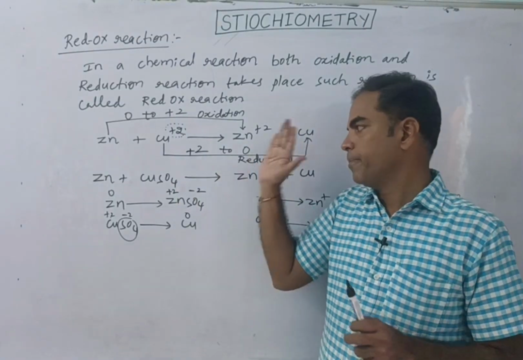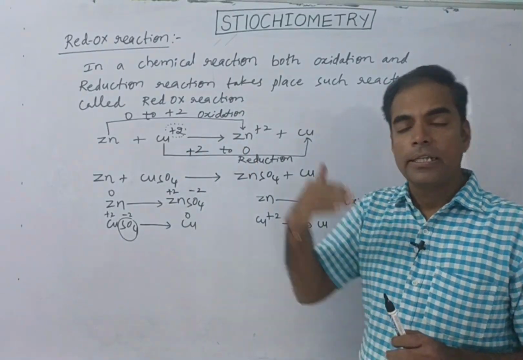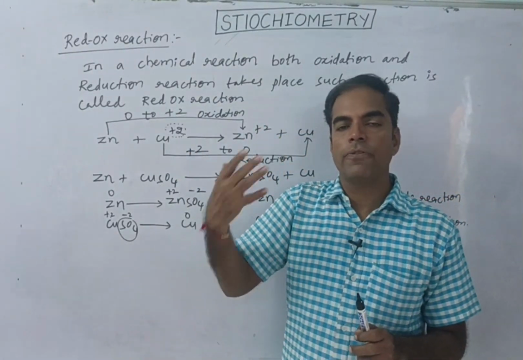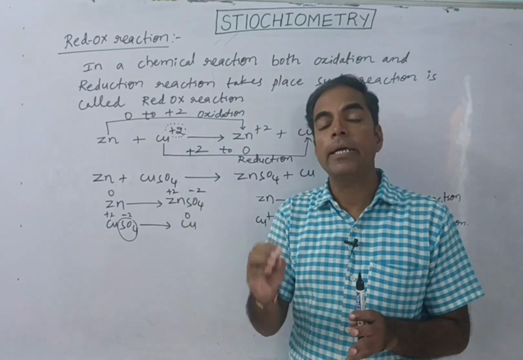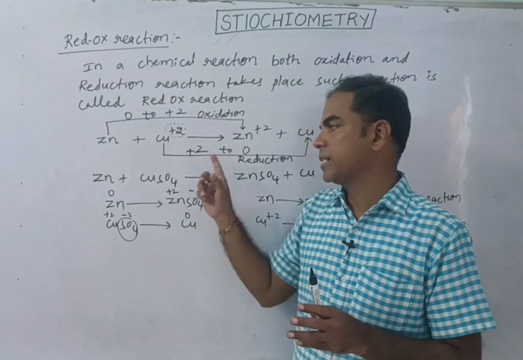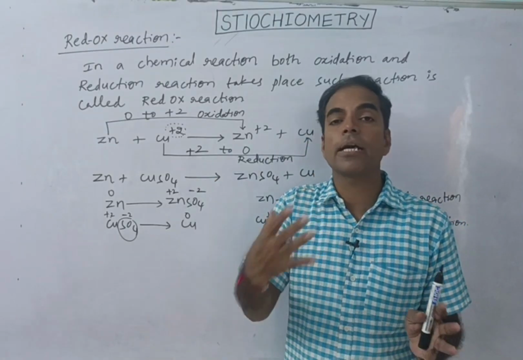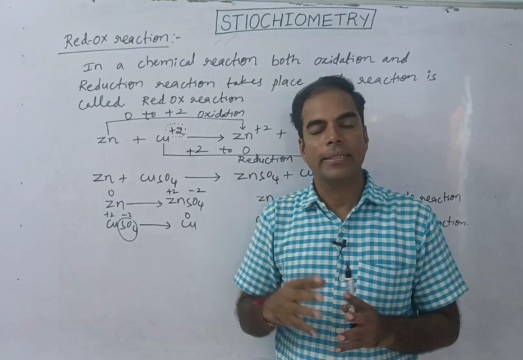If it increases, it is the oxidation reaction. If it decreases, it is the reduction reaction. Then one by one, we can follow the different steps and finally balance the chemical equation by the ion electron method. Right? In the next video, we will discuss how to balance the chemical equation by the ion electron method. Okay. Thank you very much.